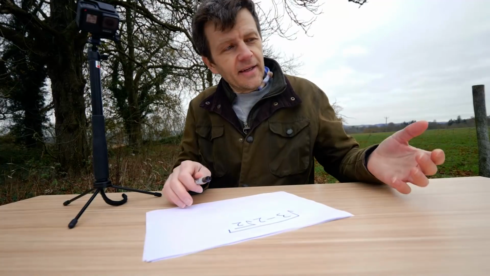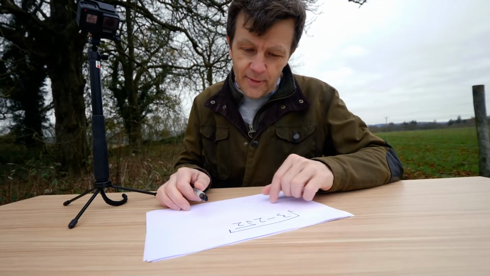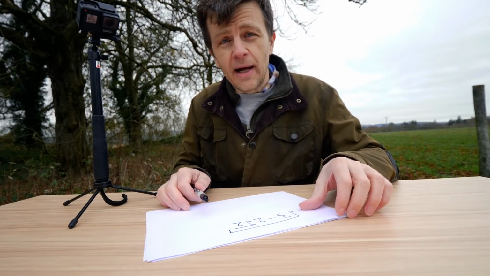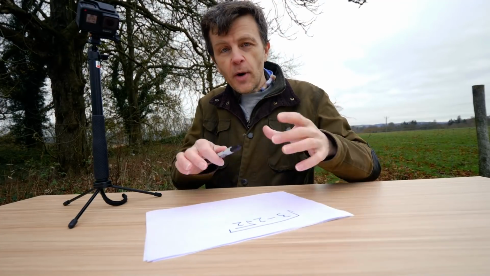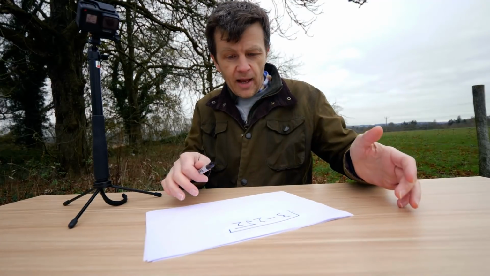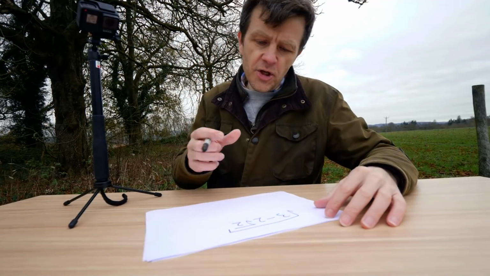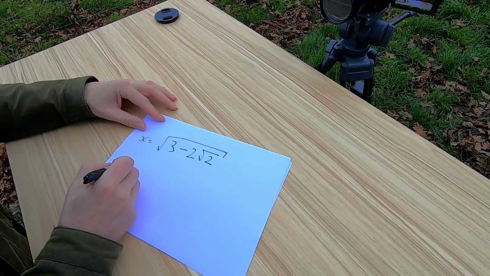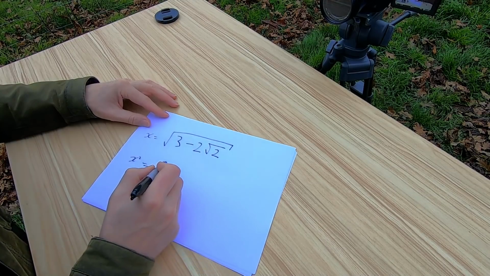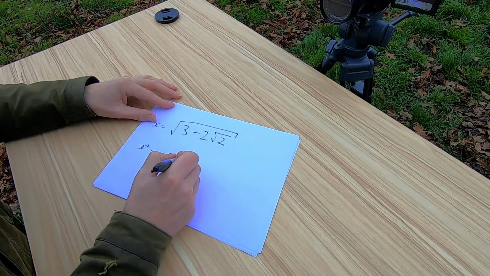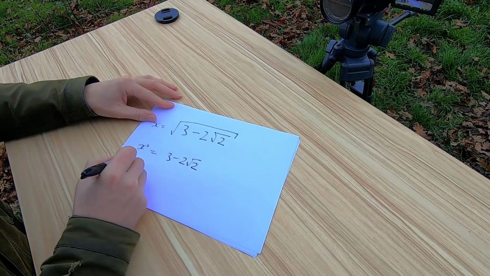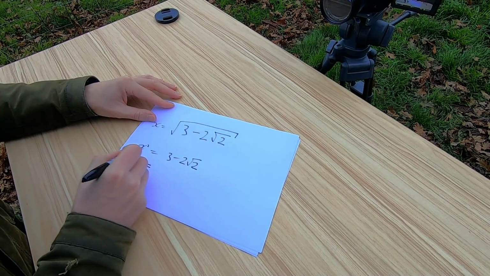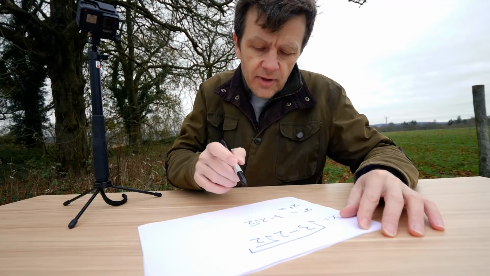Now, if you're asked this in an exam or an interview, the first thing you might do is panic, and then you overcomplicate everything and go in the wrong direction. So you might think, okay, if we make x equal to this and then square x, that will give us 3 minus 2 root 2, and then we can say x to the 4, and we'll undo that somehow later.